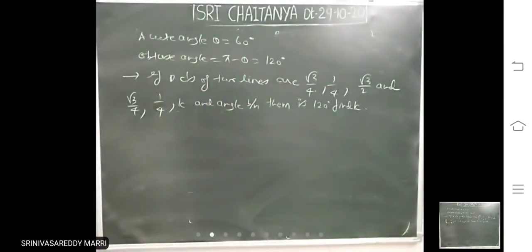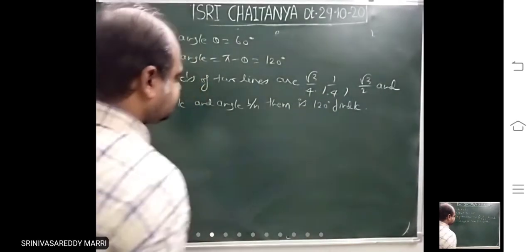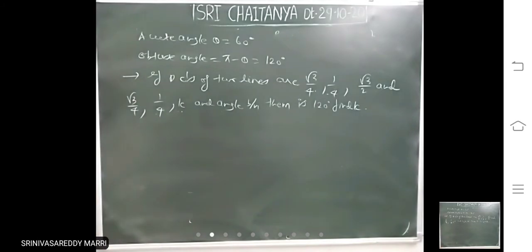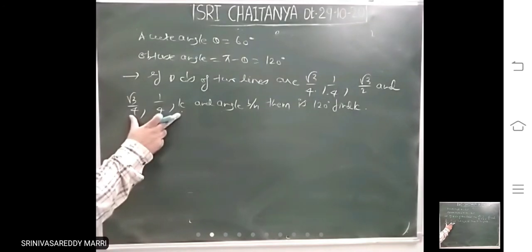Find k. So one line L1 is this, L2 is this, and the angle is 120 degrees given. These are the DCs told.